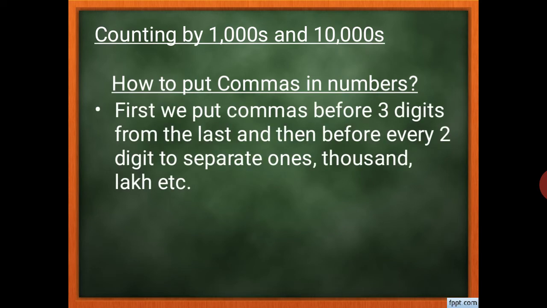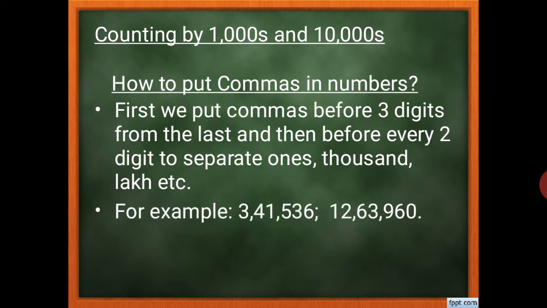So as you all know, first we put a comma before the 3 digits from the last and then before every 2 digits to separate ones, thousands and lakhs. Yes, so just see this example. This is according to the Indian system of numeration.